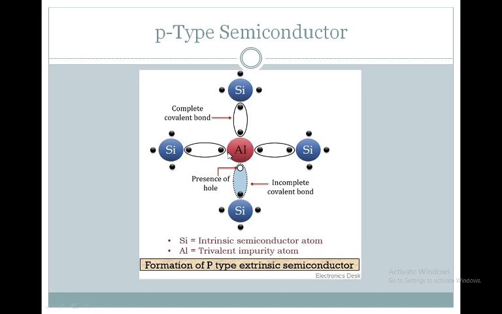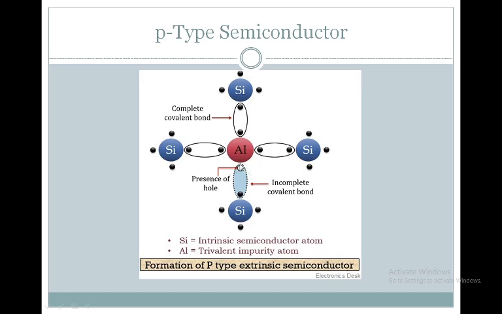So aluminum at the center. Aluminum can only donate 1, 2, 3. The fourth here will now be a hole. There is no electron. Deliberately it is made a circle without a black dot so that we know it's a hole. But these ones are electrons. So when a crystal needs 4 outermost electrons in each case, tetravalent, you now introduce a trivalent atom.